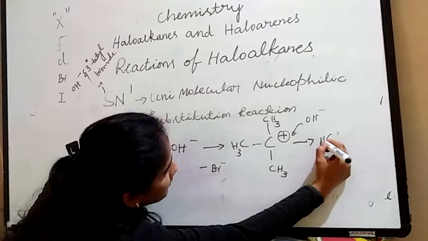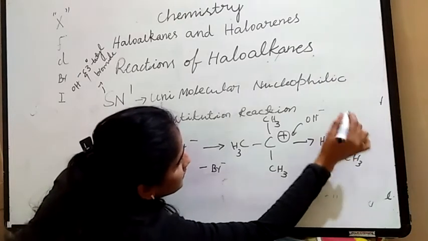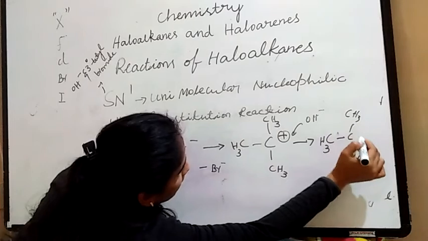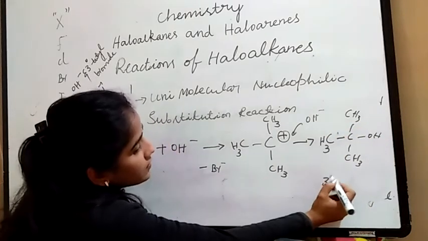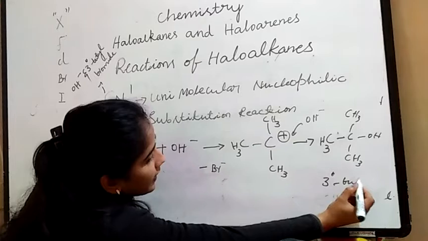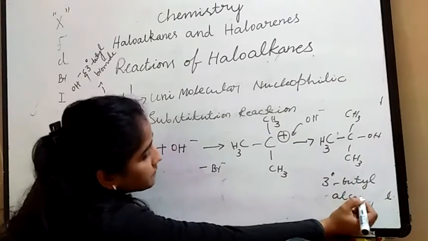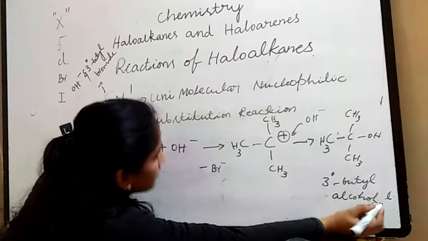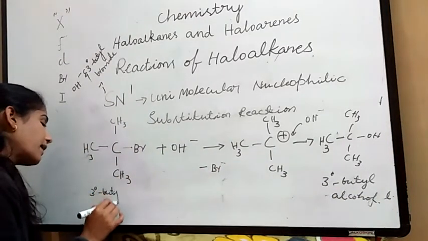So I will get CH3 thrice, OH here: tertiary butyl alcohol.